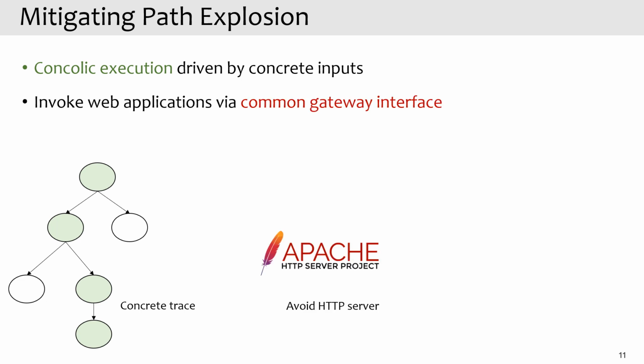At the same time, to avoid involving the HTTP server in the analysis scope, we invoke the web application via the common gateway interface through environment variables, so that we do not need to invoke the HTTP server, but instead directly invoke the web application through CGI.